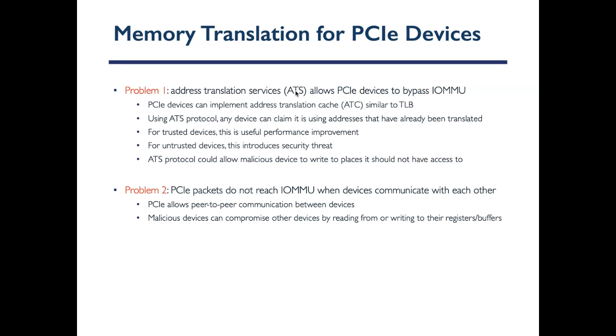If devices want to talk to each other, they may not even get to the root complex, and PCIe allows direct communications. So it could well be that your devices start messing up with each other. If you have a malicious device, then that device could compromise other devices without even needing to translate addresses going to IOMMU.